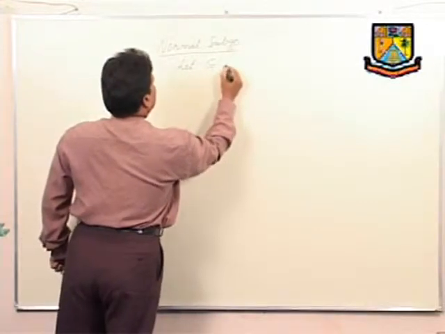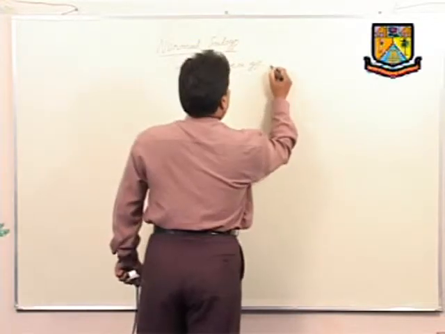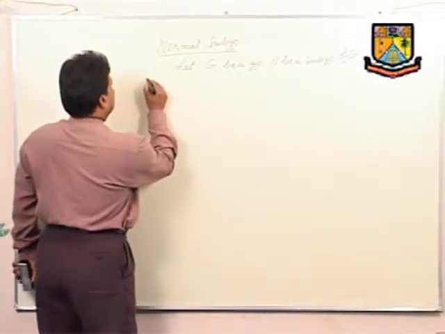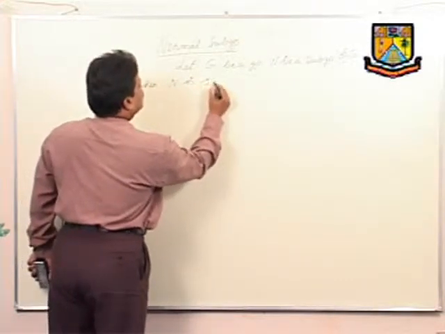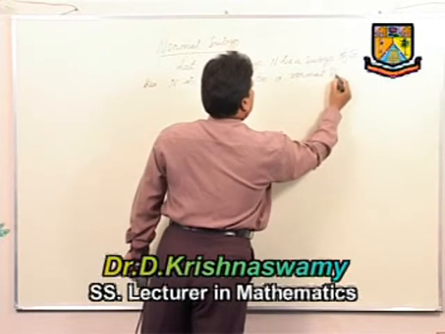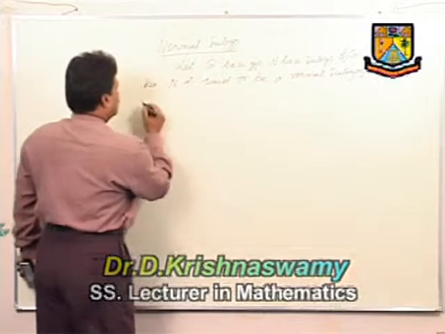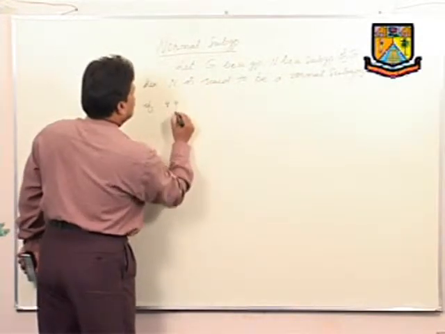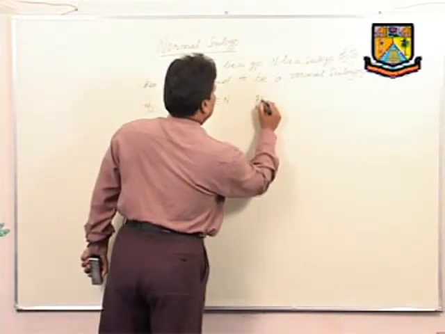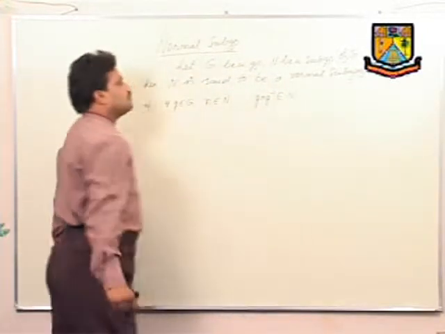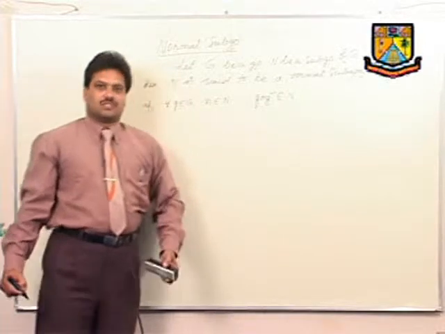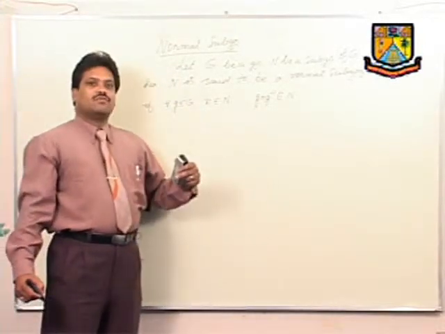Let G be a group, N be a subgroup of G. Then N is said to be a normal subgroup of G if for any g in G, n chosen from capital N, g n g inverse belongs to capital N. Then you say the subgroup N is called a normal subgroup of G, and this property is called the normality condition.